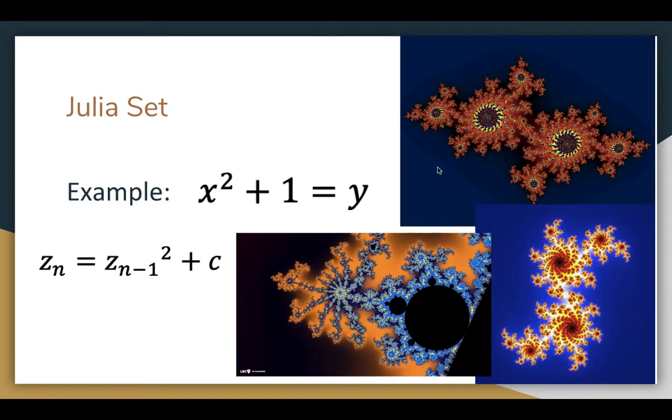and then you would plot that data set. Okay, so what Julia decided to do was use an equation that resembles that x squared plus 1 pattern, except it's written in this form where z of n minus 1 or the c value are representing complex numbers in the form of a plus bi.